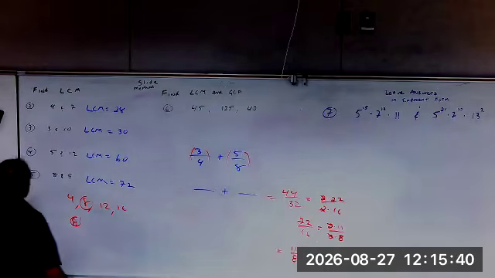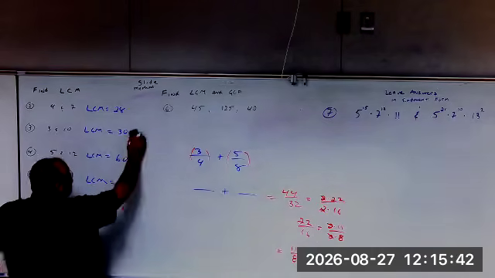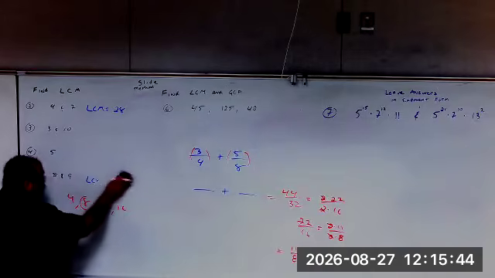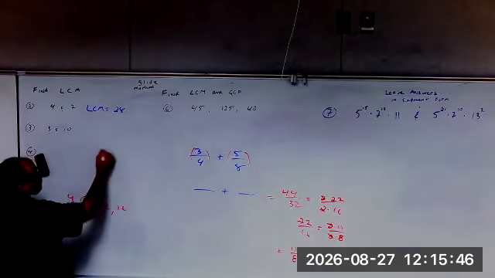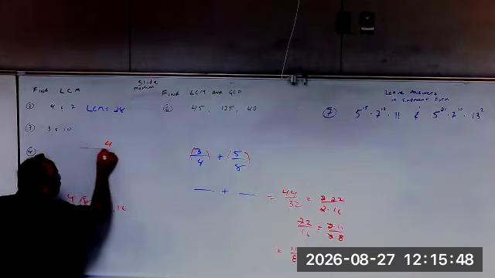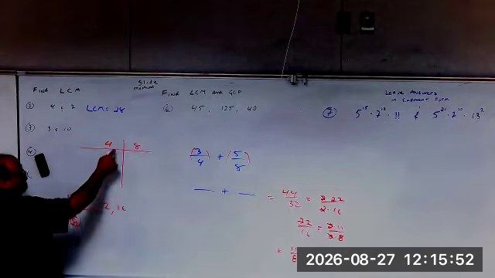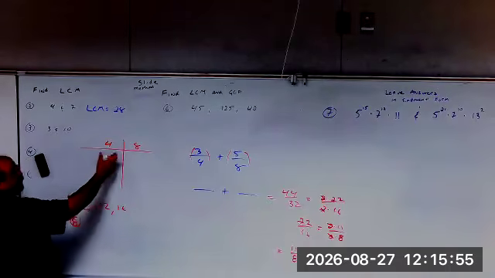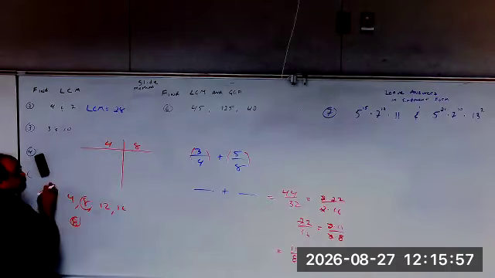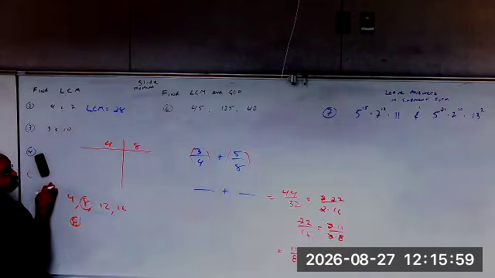If you did the slide method for a 4 and an 8, what's any factor you can take out of a 4 and an 8? Take out 2.